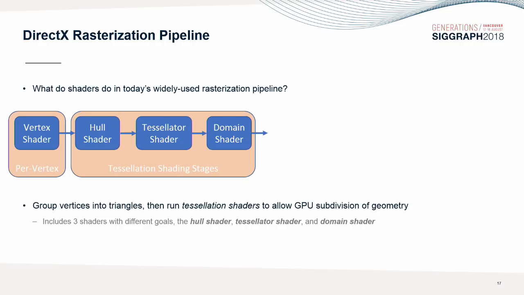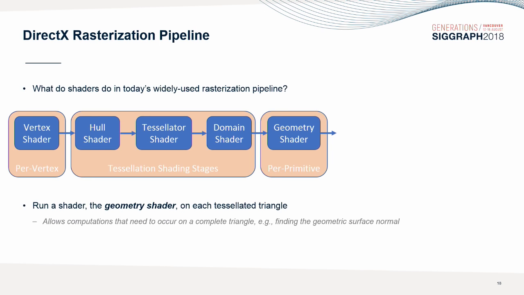Then you run these tessellation stages, which combine these vertices together into triangles and dice them up into smaller triangles. After which you get to run a geometry shader that computes things on a per-primitive basis. Maybe for some reason you want to compute a normal of these new tessellated triangles, a very simple example.